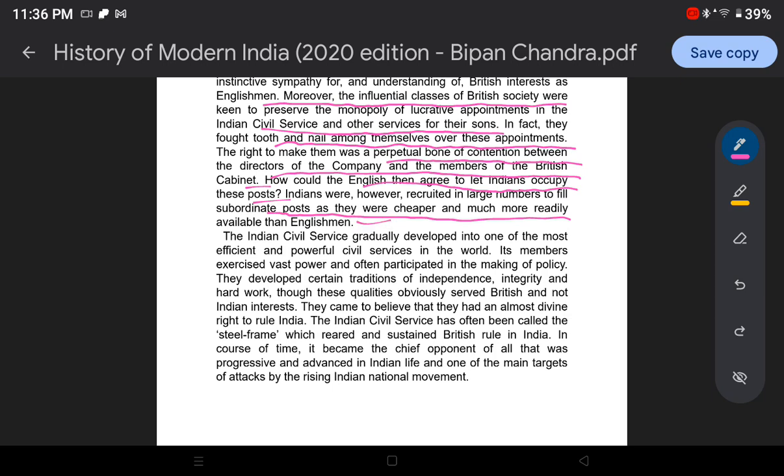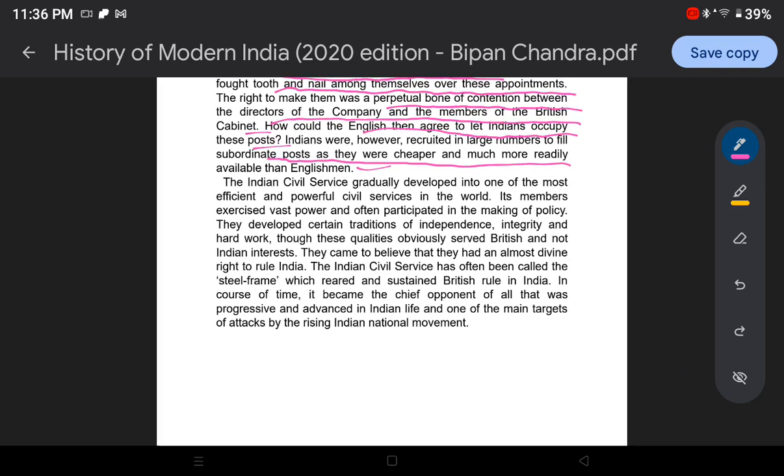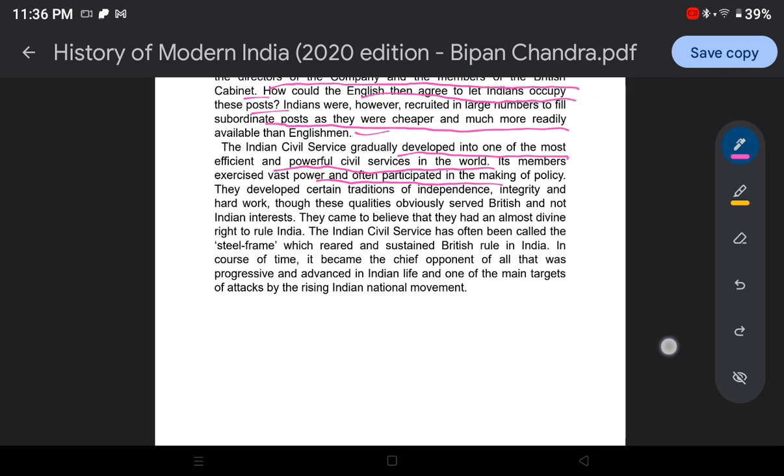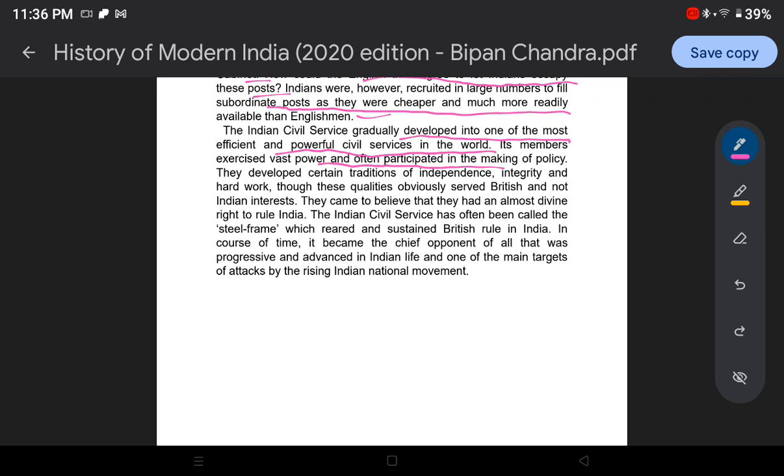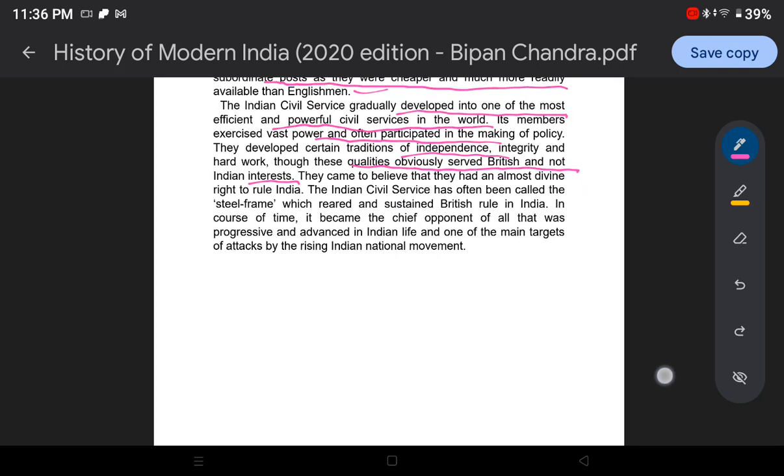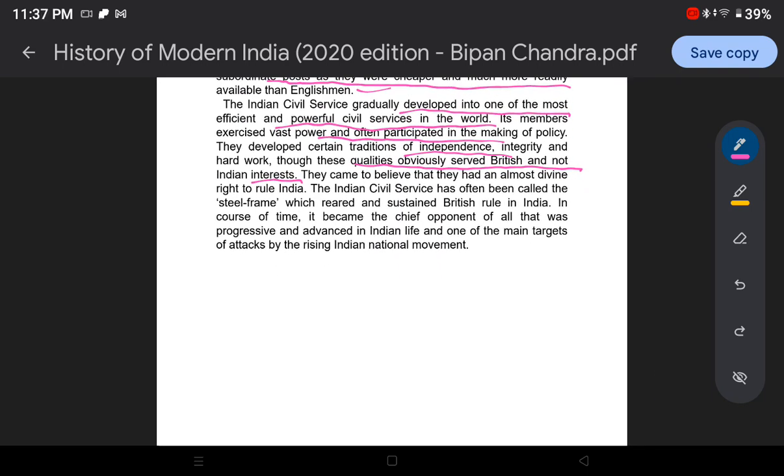The Indian civil service gradually developed into one of the most efficient and powerful civil services in the world. Its members exercised vast power and often participated in the making of policy. They developed certain traditions of independence, integrity, and hard work. Though these qualities obviously served British and not Indian interests, they came to believe that they had an almost divine right to rule India.